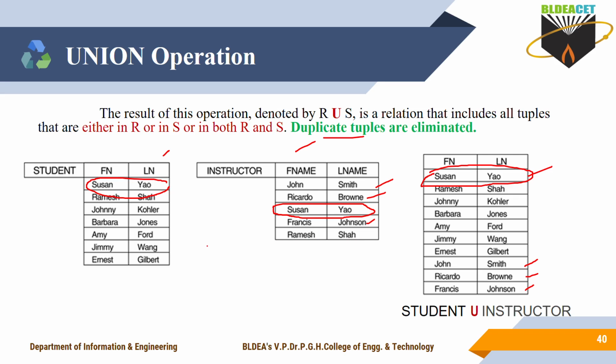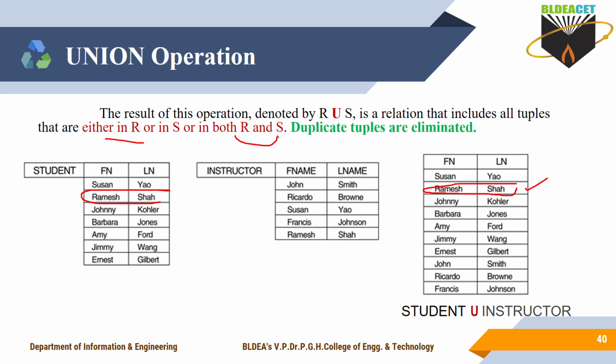Next is Ramesh Shah, that is also here. So if the same tuple is present in both relations, it shows only once in the final result. That is the union operation. Is it clear now? The tuples present in either R or S or both, and if present in both R and S, the duplicate tuples are eliminated.